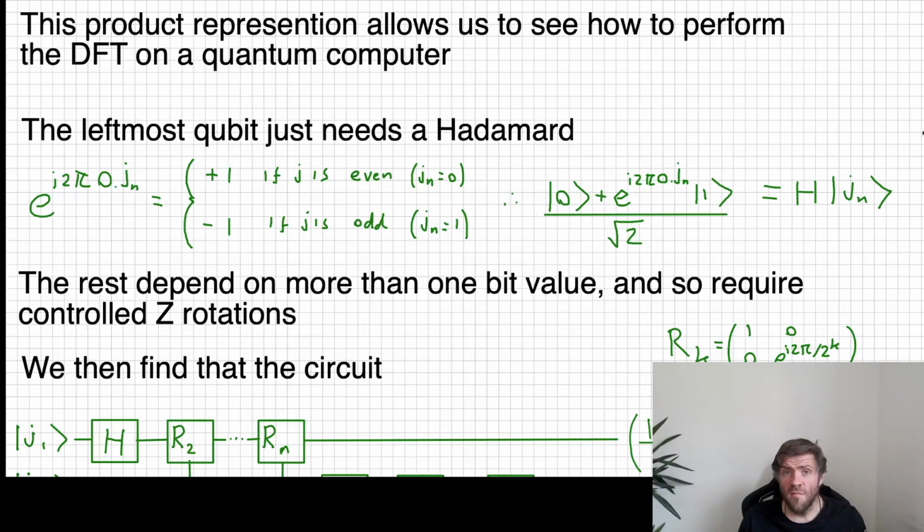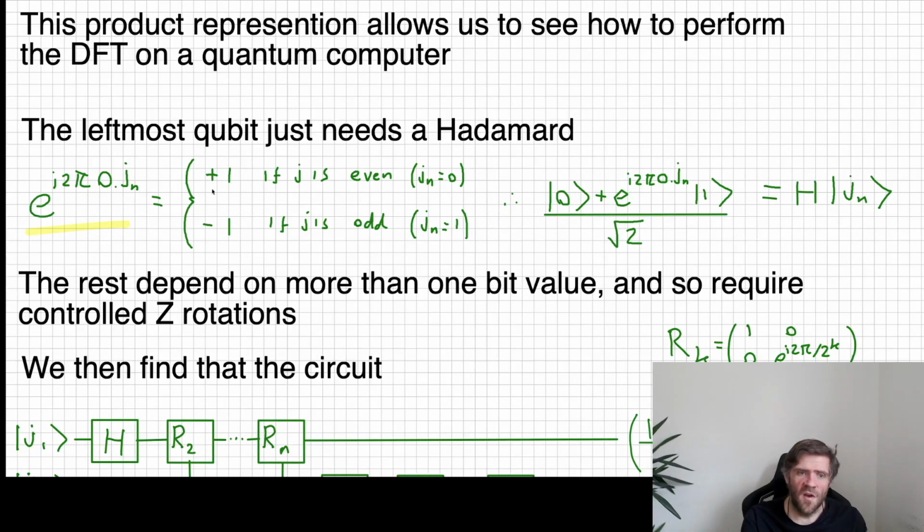So with this product representation, we can see how to perform a Fourier transform. We just have to find some ways to make each of these particular states using those particular bit values to construct the right phase values. So for the leftmost qubit, for example, the phase in the superposition is e to the i 2 pi 0.Jn.